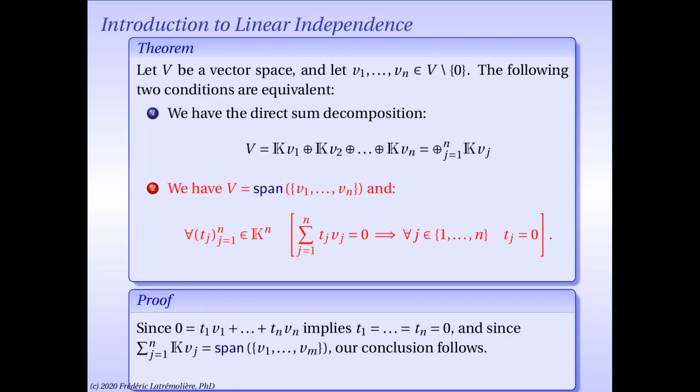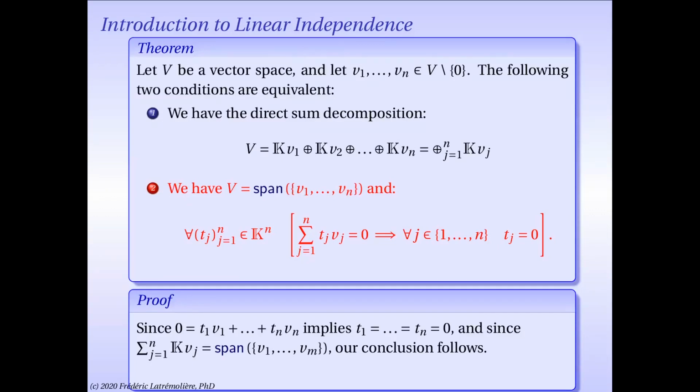Now, on the other hand, let's try to prove that this is not just a sum, but a direct sum. And I'm going to again use my previous theorem, specifically the implication 4 implies 2 in my previous theorem. And so I'm going to give again an expression for 0. 0 equals a linear combination of v1 to vn, so 0 equals t1 v1 plus etc. plus tn vn.